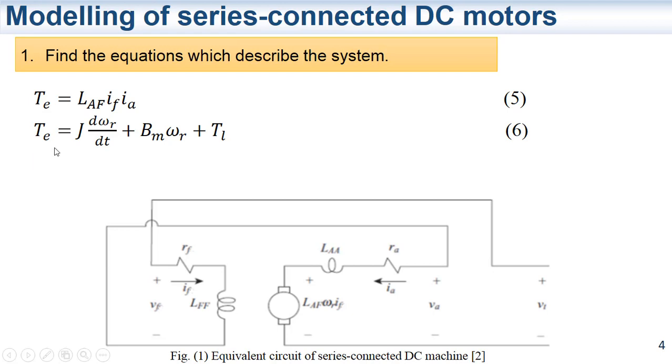Also the relationship between the electrical and mechanical quantities of the machine is presented by the load torque, the inertia of the rotor, in addition to any mass connected to that rotor, and the damping coefficient associated with the mechanical rotational system of the machine.